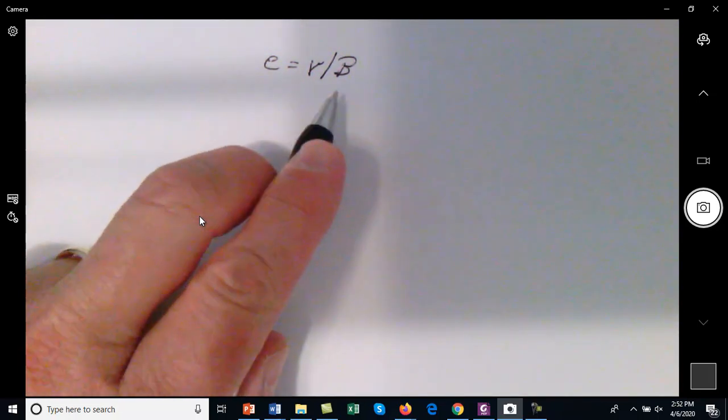And so we know the electromotive force is equal to our velocity times our length times our magnetic field. L is length. That looks like I'm dividing, but that is a V, an L, and a B for magnetic field.